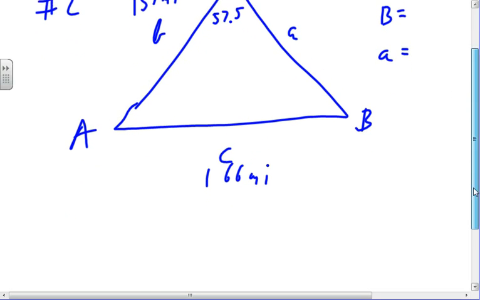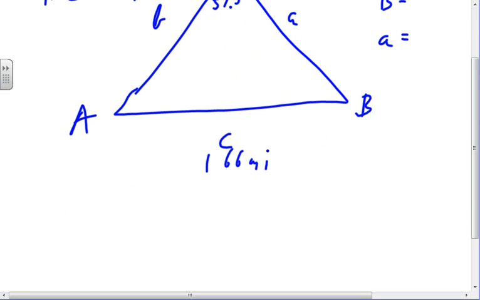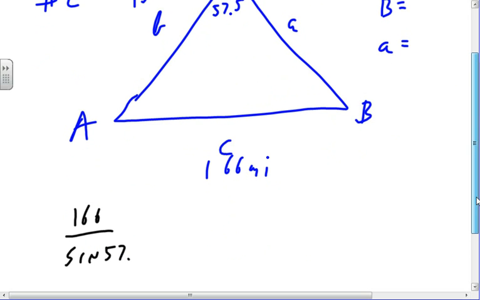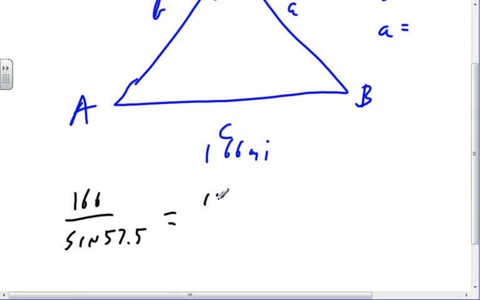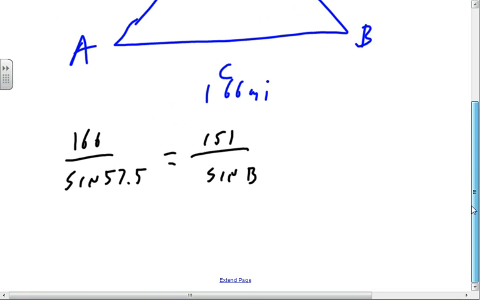All right, so we make a law of sines statement and say 166 over sine 57.5 is equal to 151 over sine B. Now this equation is known as one equation, one unknown, so I can solve it.